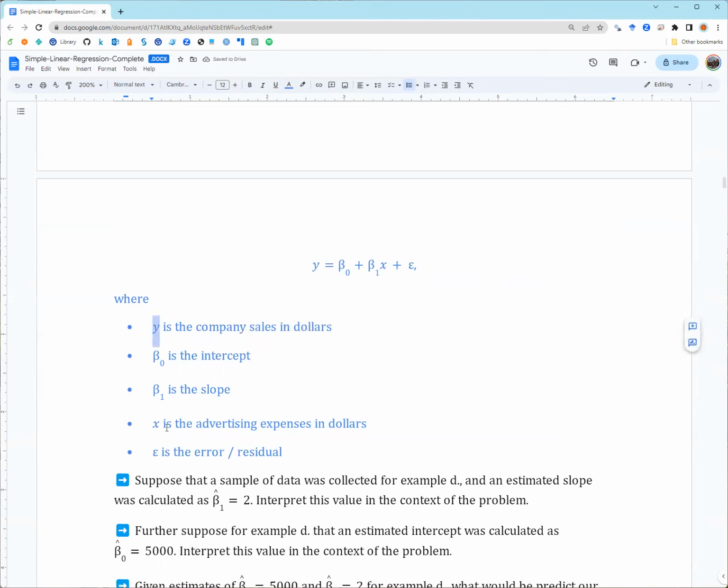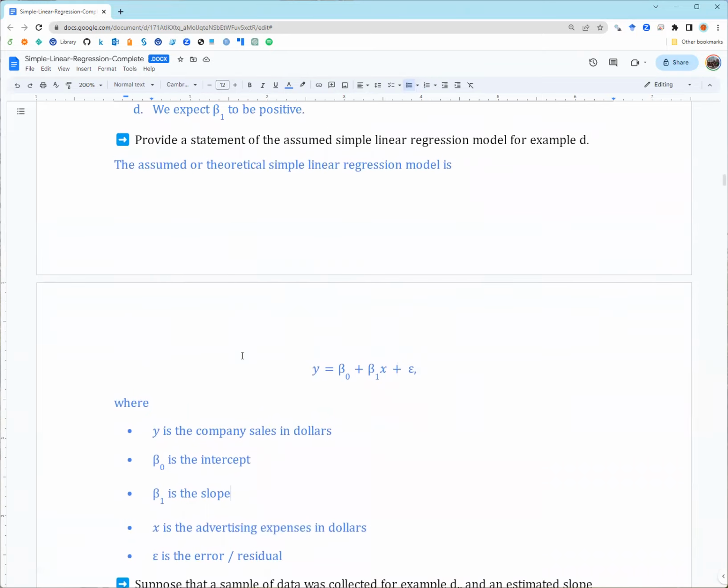X and Y don't have to have the same units of measurement, but we're just supposing in this scenario that they do. It seems reasonable that sales and advertising expenses would be measured in dollars in this context. So this is the theoretical or assumed simple linear regression model. It lays out what assumptions we're making when we use this model, when we use it to get predictions based on a sample of data.